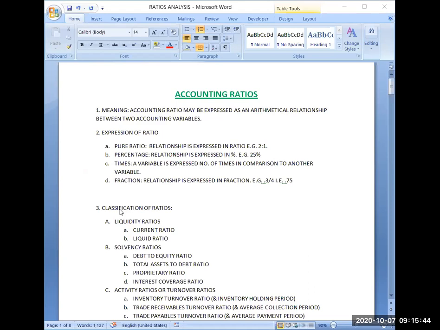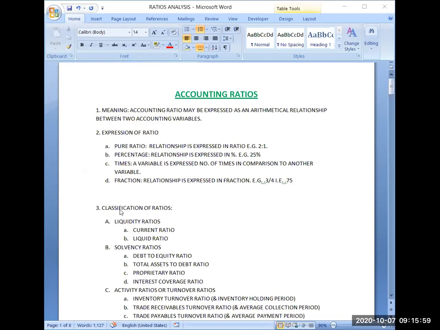Like expenses are accounting variables, revenue from operation is an accounting variable, your fixed assets, current assets, current liabilities, non-current assets, capital, these all are accounting variables.